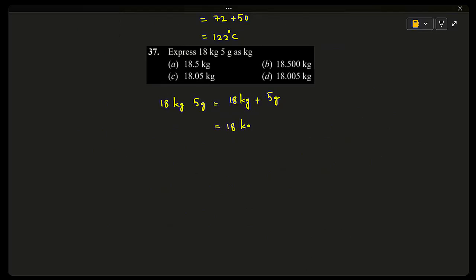So 18 kilograms plus 5 divided by 1000. Grams will be converted into kilogram. This 5 by 1000 we can easily write in decimal form. We know it is 0.005. Both of them we have to add, so we're getting 18.005 kilogram. That is option D.